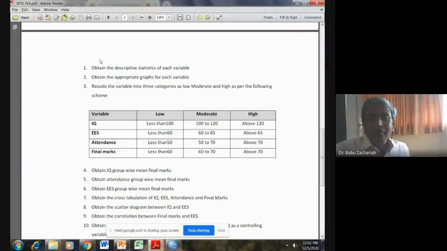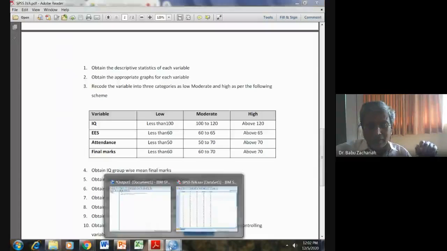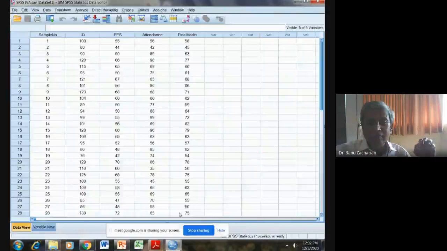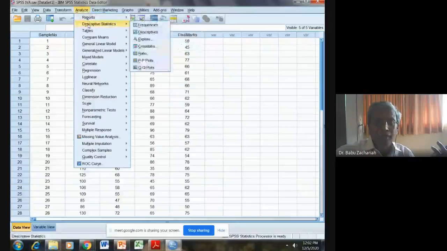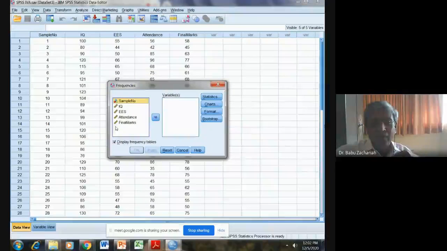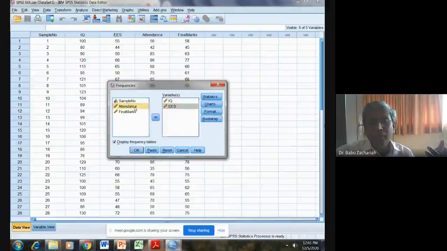Obtain descriptive statistics of each variable. So in the SPSS sheet, I have entered these things. Descriptive statistics means our mean, median, mode, and such things. So you can go to descriptive statistics. Variables are here. Of course, sample number is not required. All others are scale variables: IQ, entrance examination score, attendance, final marks.